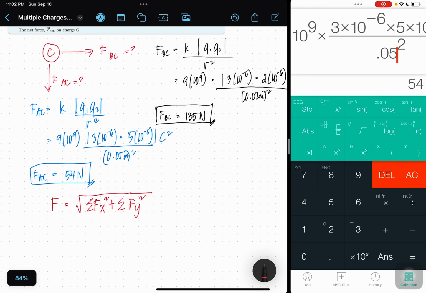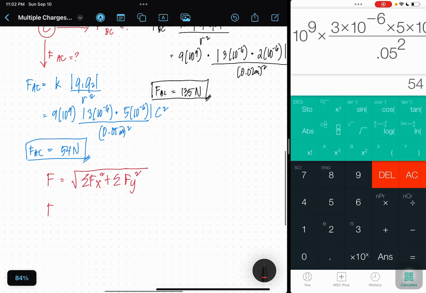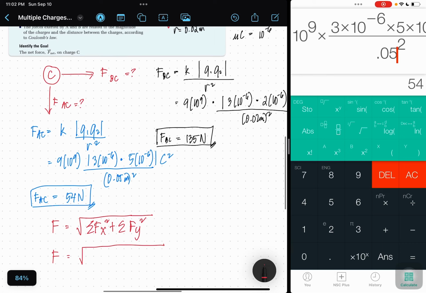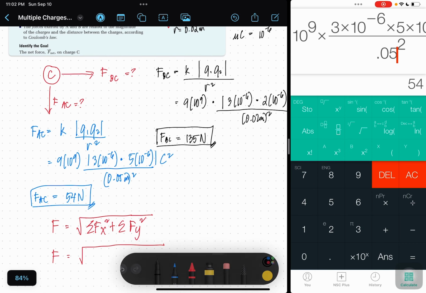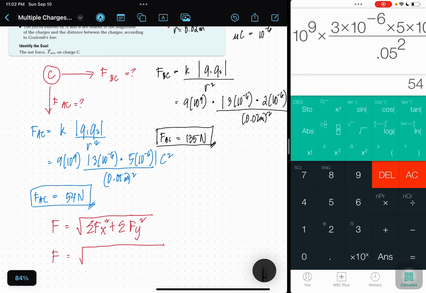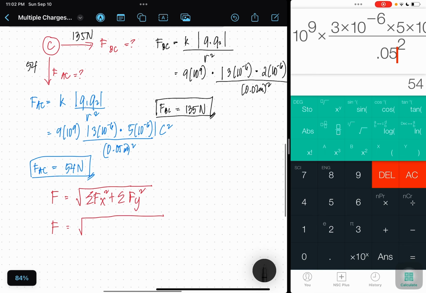As you can see, wala naman pong angle, so we can directly solve it na. So our force will become the square root of our Fx. Ang Fx natin yung along x, so obviously ang Fx natin dito ay 135 Newtons. Dito naman yung 54 Newtons. So meron tayong 135 squared plus 54 squared. Then ang unit niya nga ay Newton.